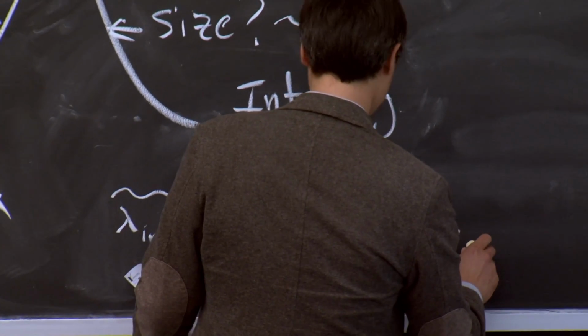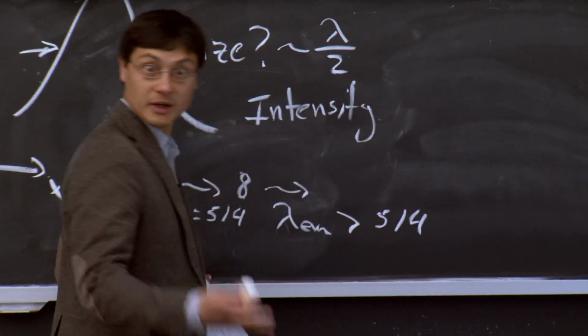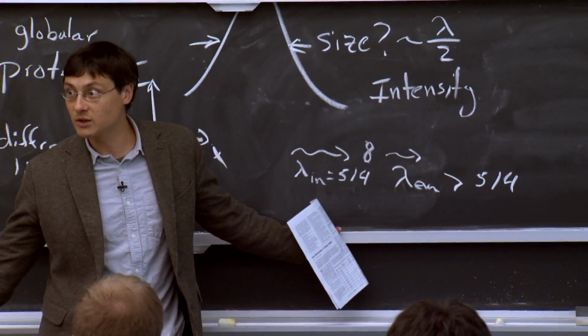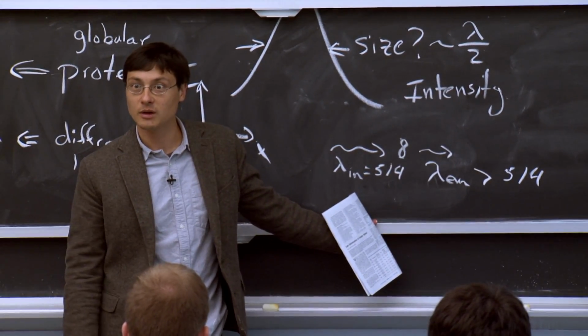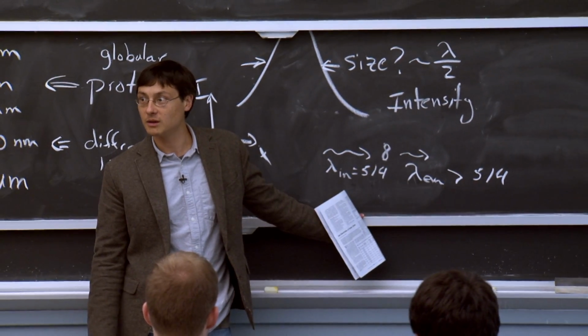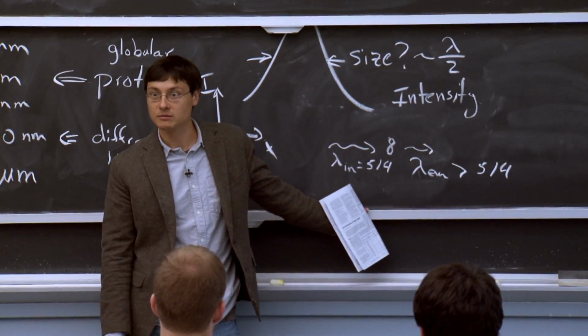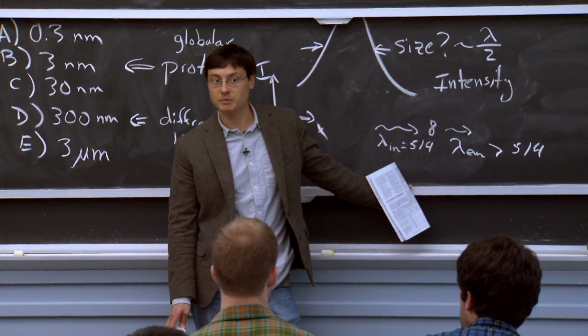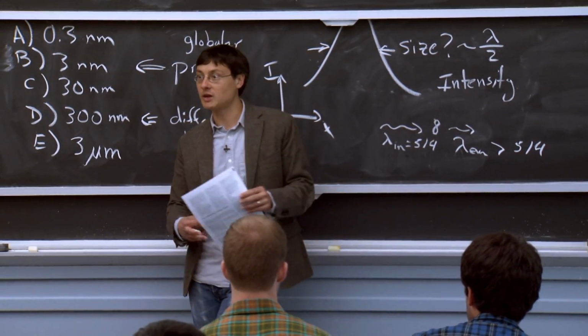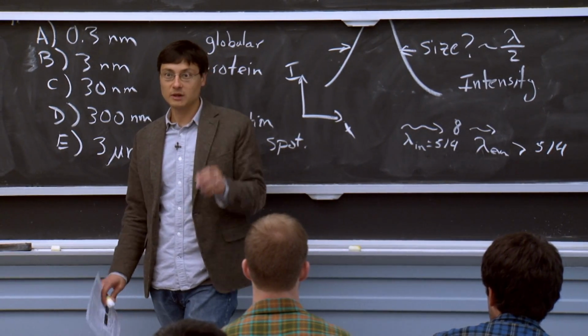Now, if you just have scattering off something, let's say we had a gold particle and we shine light, what's going to be the relationship between lambda incident and lambda emission? Is it possible to have the same wavelength come out as you put in?